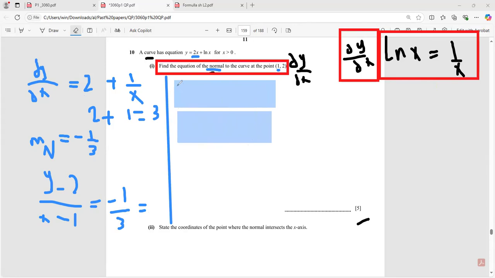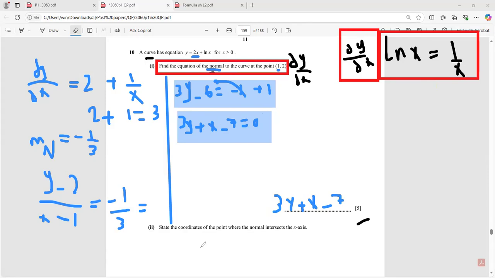So here the equation will be 3y minus 6 equal to negative x plus 1. Bring the x here and the negative here, so 3y plus x minus 7 equal to 0. So here we did it, and we're getting 5 marks.